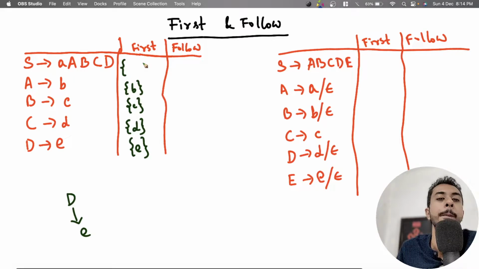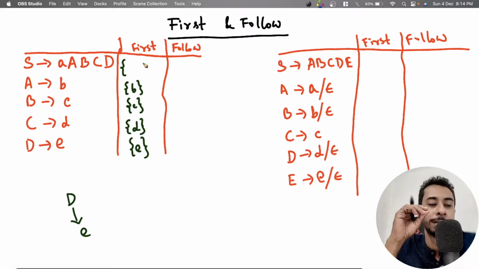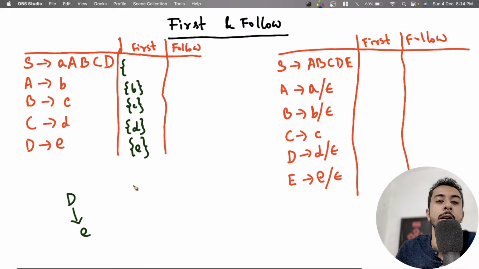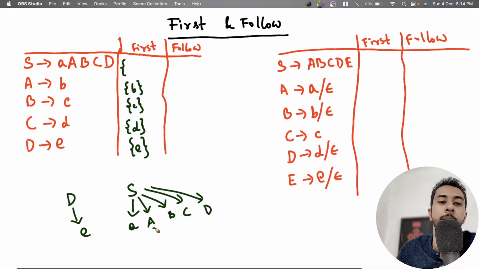Now what about this? S derives small a followed by capital A, B, C, D. Further, A may be producing B, B may be producing C, C producing D, D may be producing E. So what will be the first of the string which is produced?